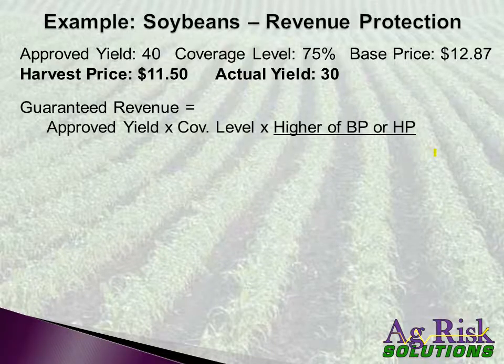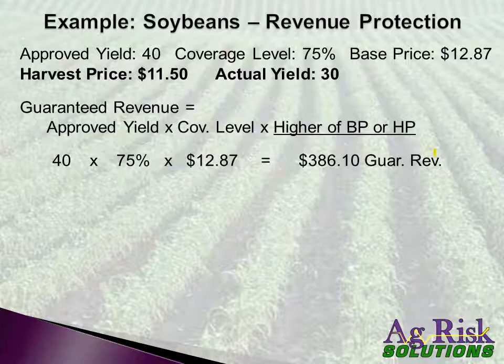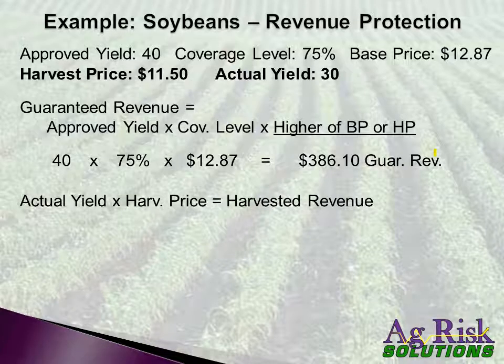So our guaranteed revenue, again, approved yield times coverage level times the higher the base price or the harvest price. So it would be 40 bushel per acre approved yield times 75% coverage times our $12.87 base price, since that is the higher of the two, gives us about a $386 revenue guarantee. As before, then we have to calculate our harvested revenue, which will be the actual yield times the harvest price.